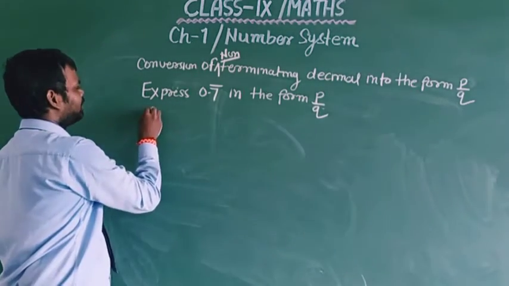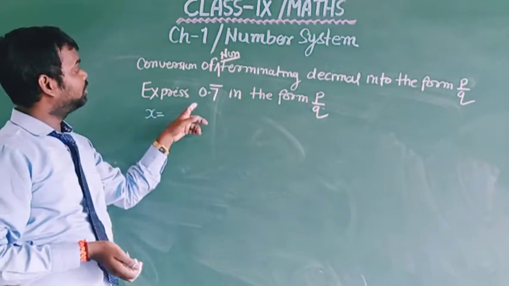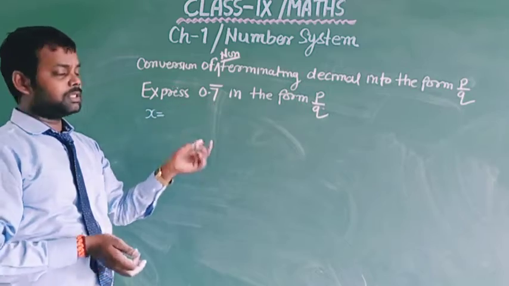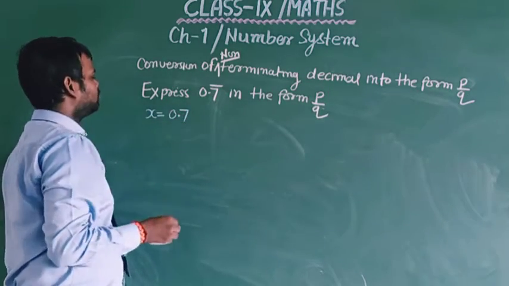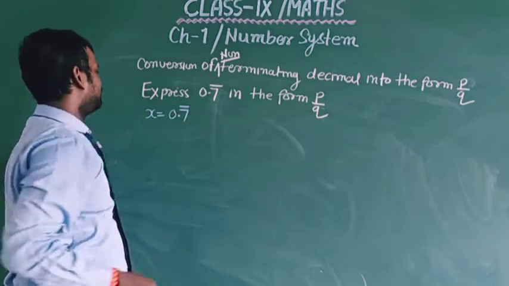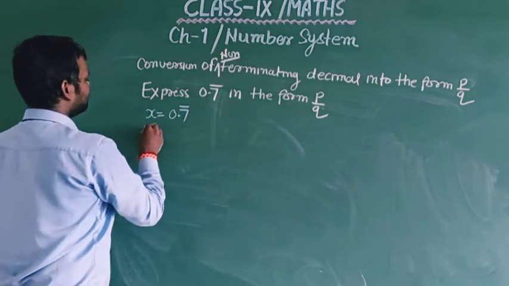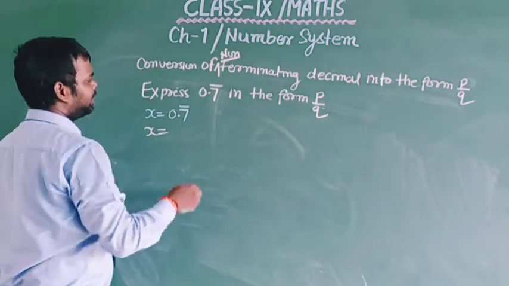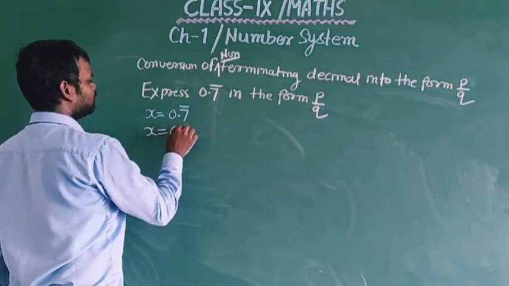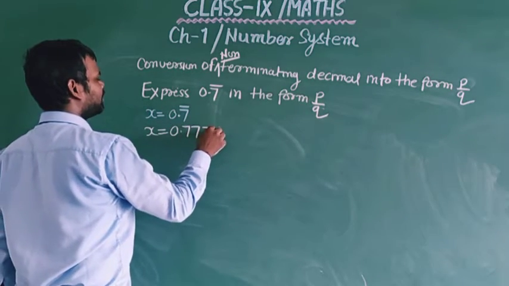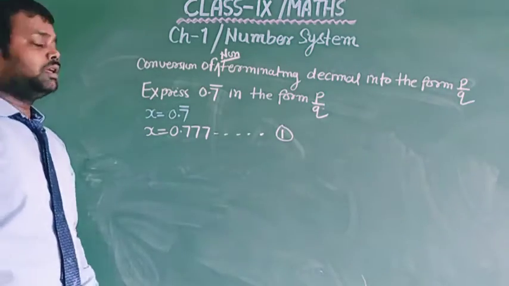So first write the given decimal expansion as x equal to 0.7 bar, and now write the repeating digit 2 or 3 times. So this is 0.777, and say this is equation 1.